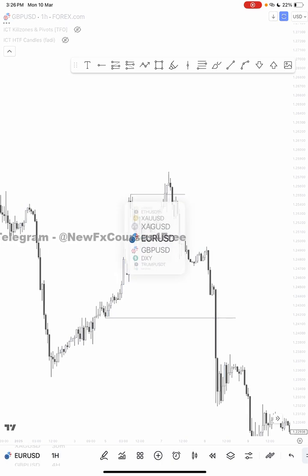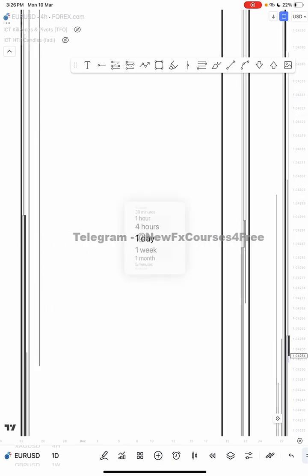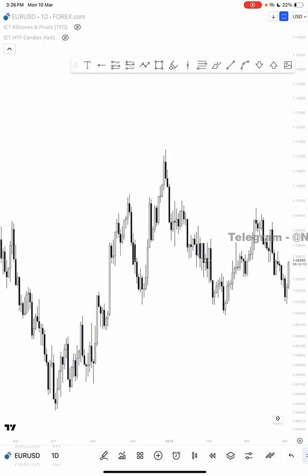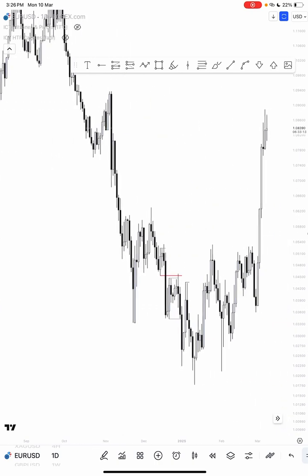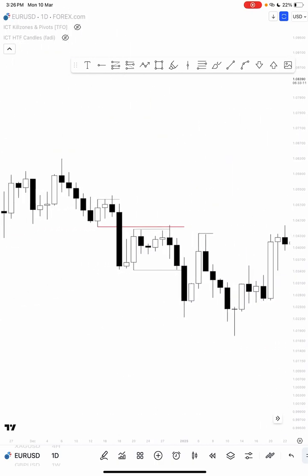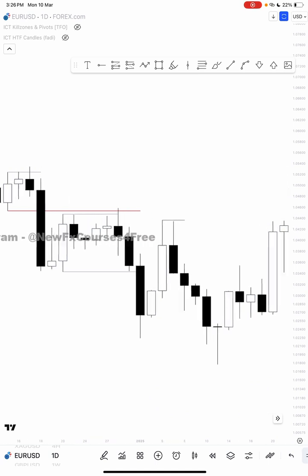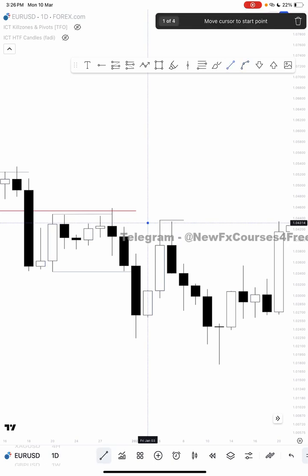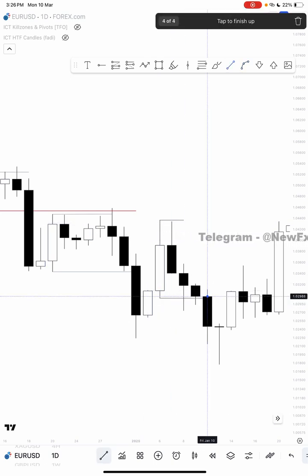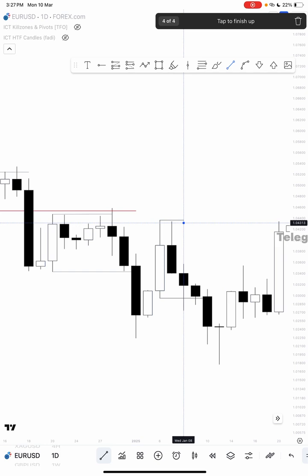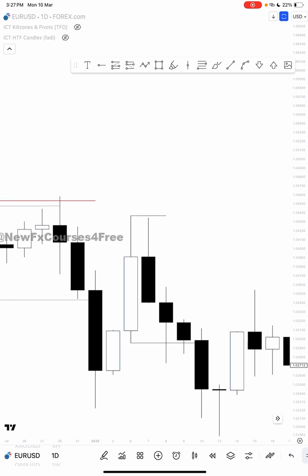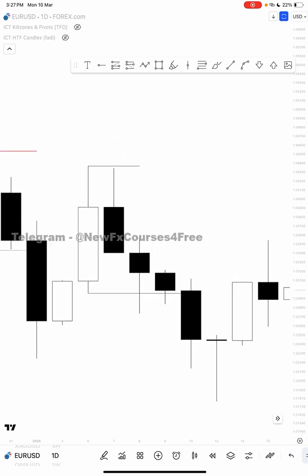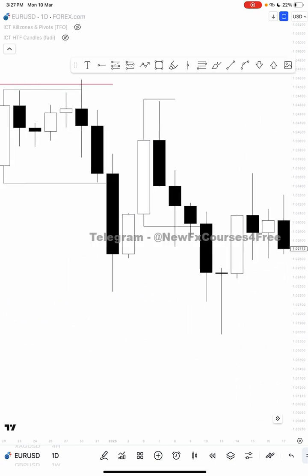That's for GBPUSD. Going into EURUSD, EURUSD did not sweep Monday's high on Tuesday. So we got your SMT, and this is actually the weaker pair. So you have to trade the weaker pair when looking for shorts. So that's that.